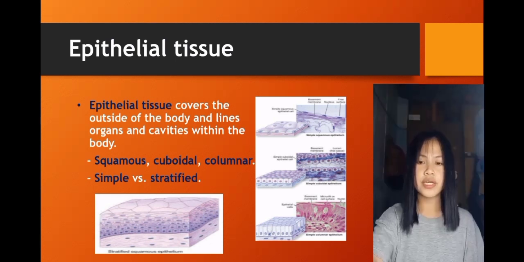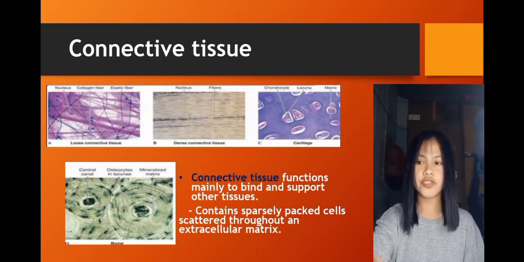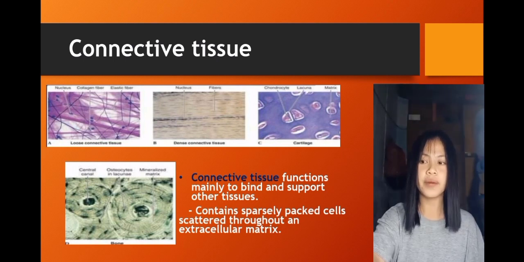Number 2 is connective tissue, whose function is mainly to bind and support other tissues. It contains sparsely packed cells scattered throughout an extracellular matrix. Connective tissues connect, separate, and support all the different types of body organs and parts of the body.